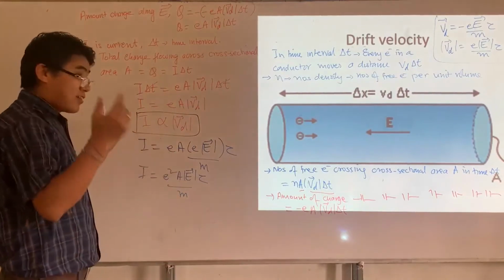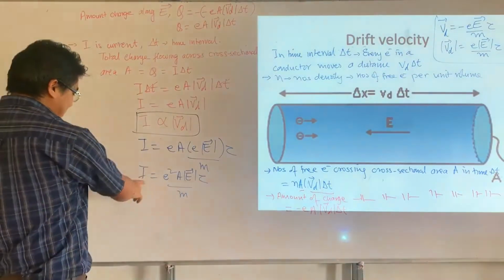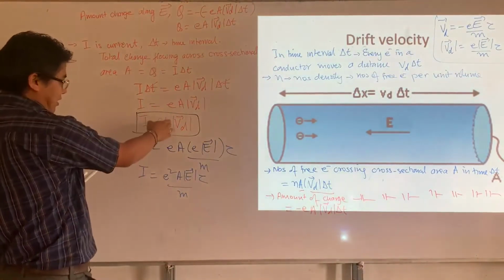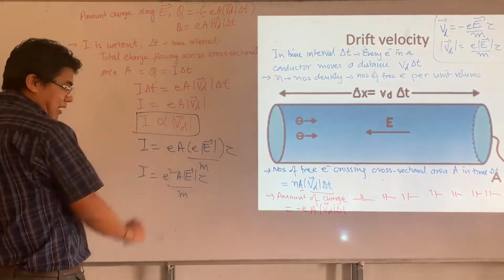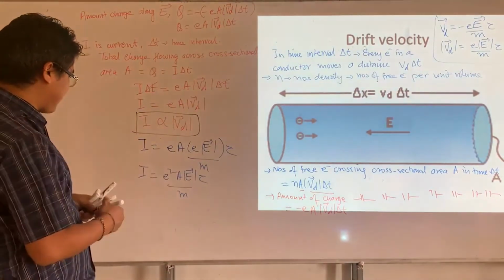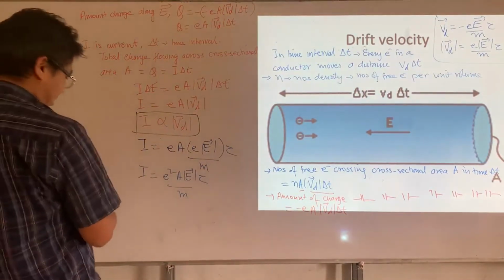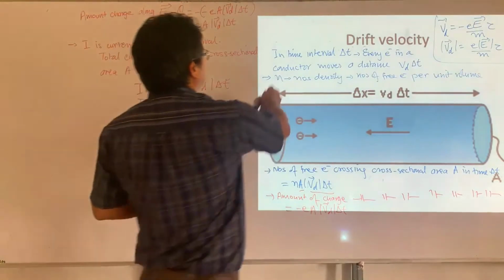Here we don't see the electric field. Now if I substitute the value of drift velocity, I get the electric field. So electric current is also determined by electric field. This expression tells that.